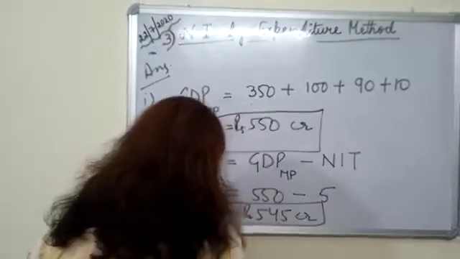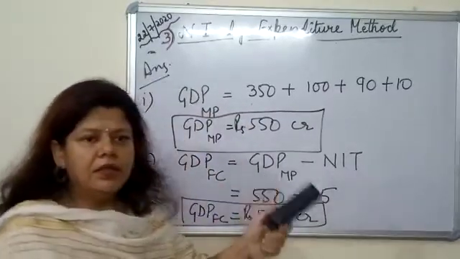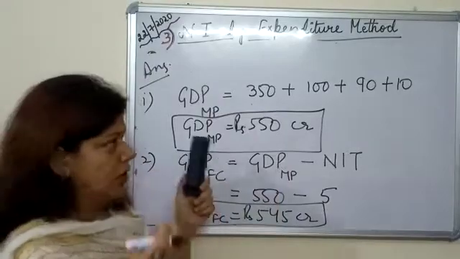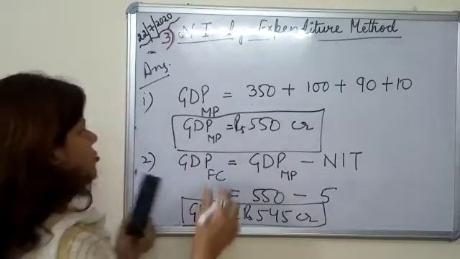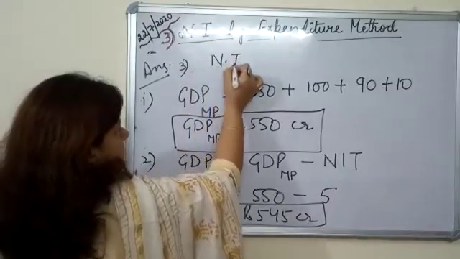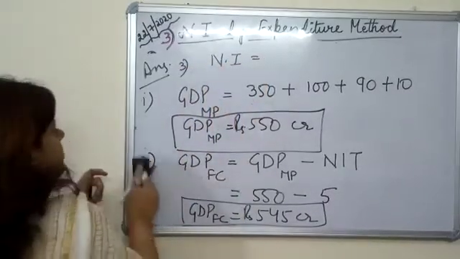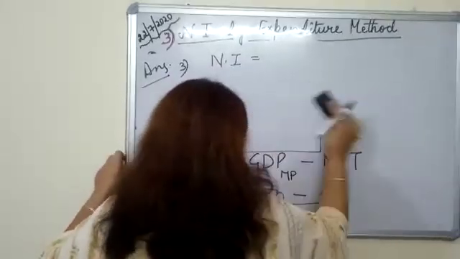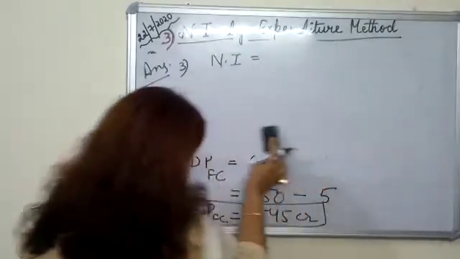Now students, in this question we have to calculate two things only. But if we try to solve the other thing, that is third thing as national income, because we are given with the NIP.